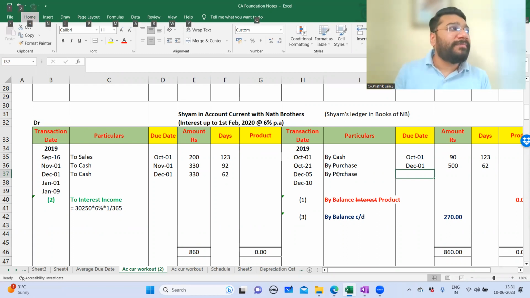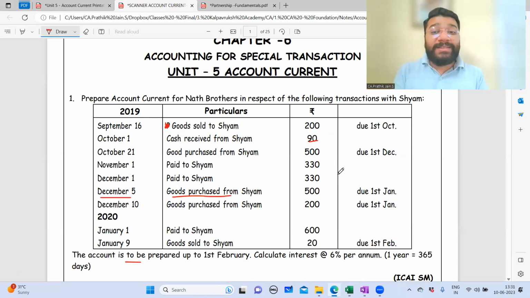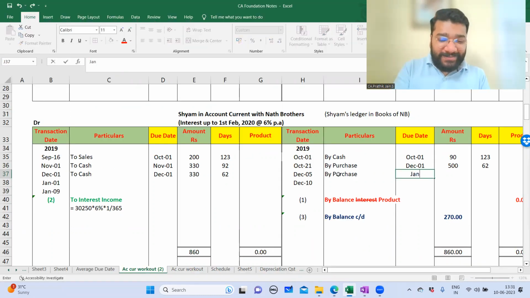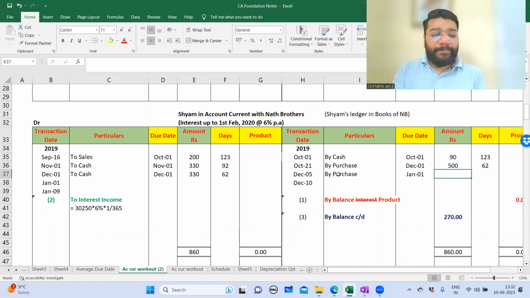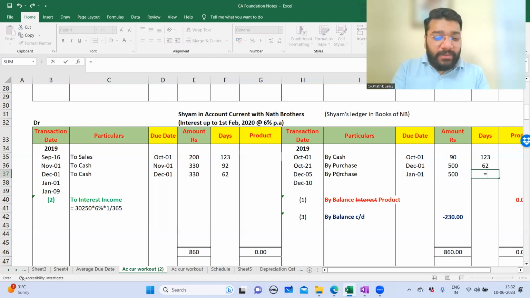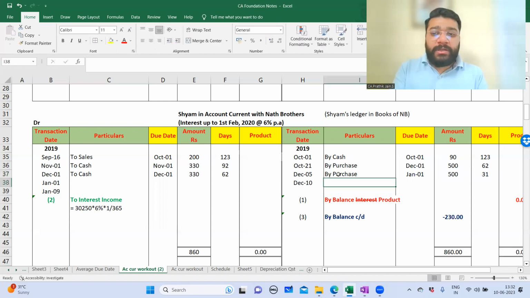The due date is given in the question. Jan 1. Yes. How much amount? 500. So Jan 1, total 31 days: 31 minus 1 plus 1, total 31 days. Jan 1 to the account current date, total 31 days.